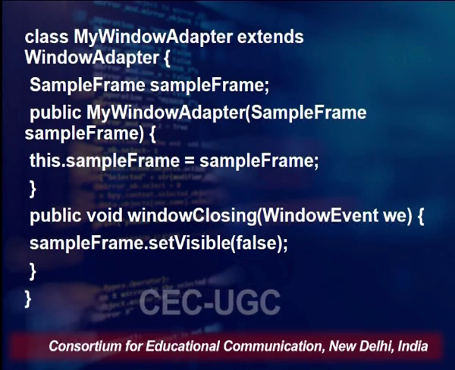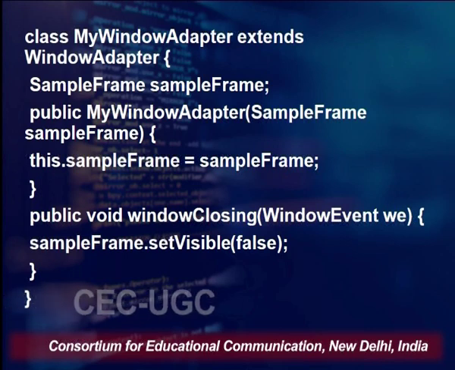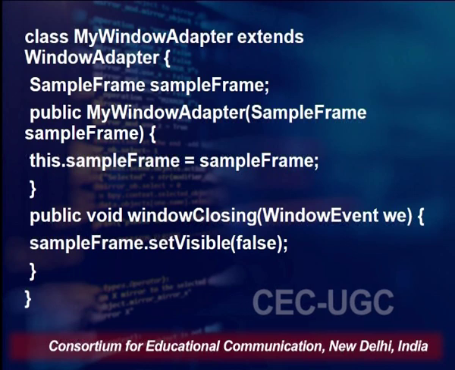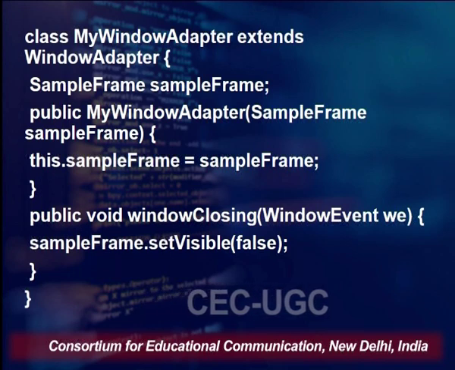Now, we need to make one more class which is going to extend WindowAdapter, because we want to handle this closing of the window. For that we need to handle that event. So, the class goes like this: class MyWindowAdapter extends WindowAdapter. This MyWindowAdapter is actually a subclass of the WindowAdapter class, and in this class we are going to create one object of the SampleFrame class, which we just defined on our previous slide.